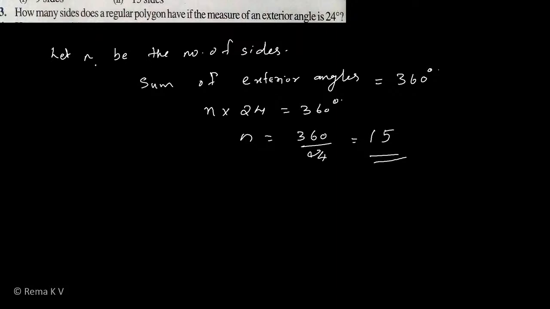See, the number of sides is to be taken as n. Since it is a regular polygon, each angle is of the same measure. That is given as 24. And you know that sum of the exterior angles is equal to 360 degree.